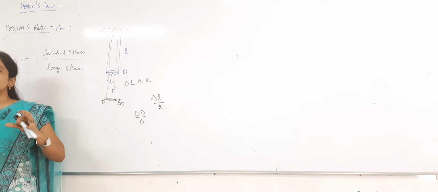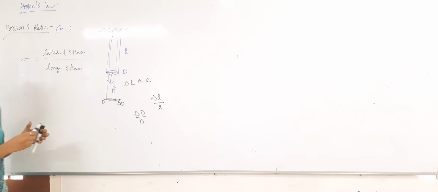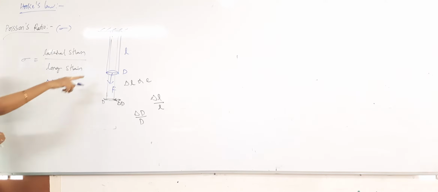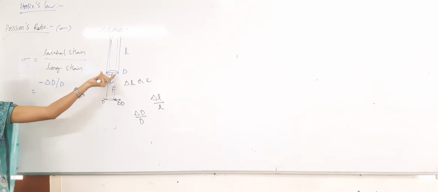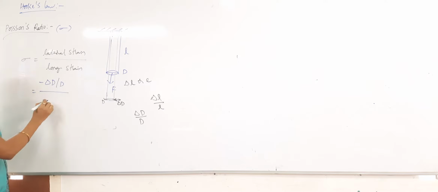So always both will be opposite to each other. One is increasing means another will decrease. So the lateral strain, delta D by D, decreasing or increasing? In this case decreasing. Diameter is decreasing, it is becoming thinner. That divided by the longitudinal strain, delta L by L, otherwise e by L. This is the Poisson's ratio.